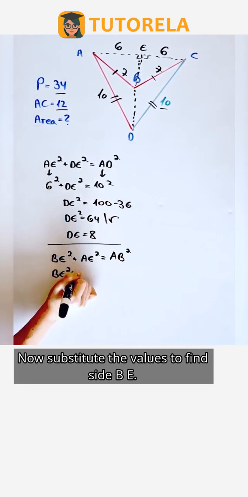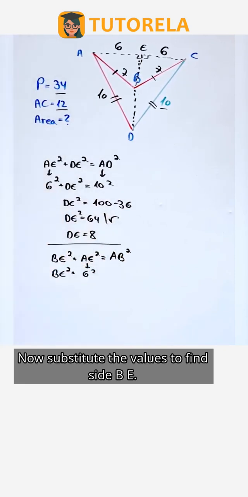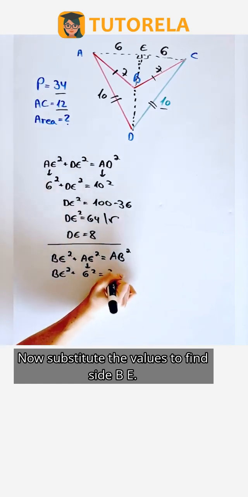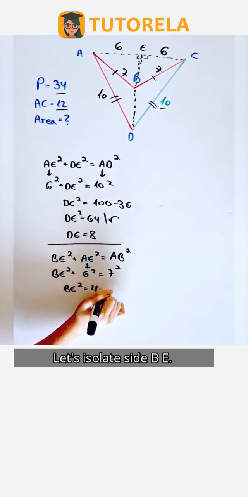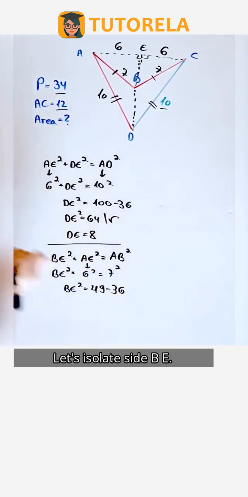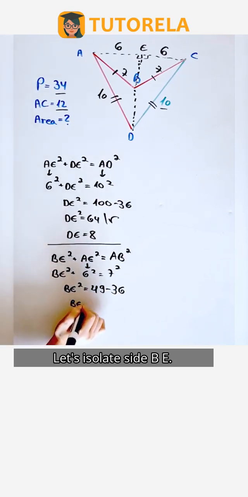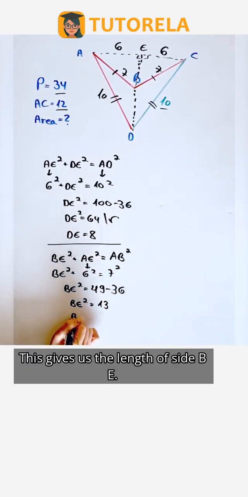Now substitute the values to find side BE. Let's isolate side BE. This gives us the length of side BE.